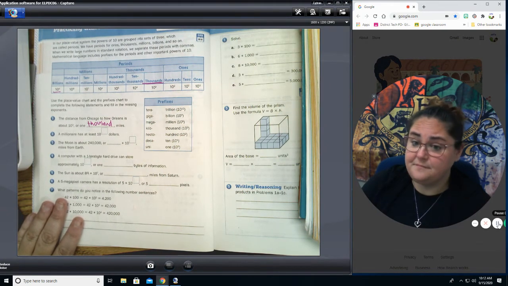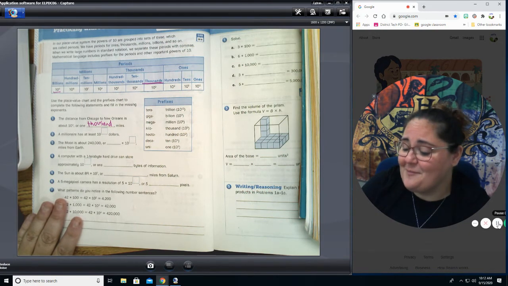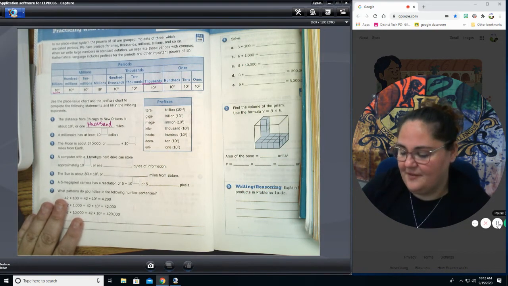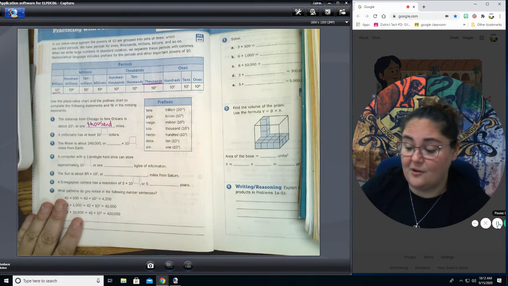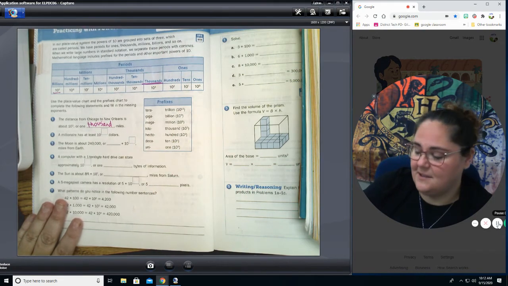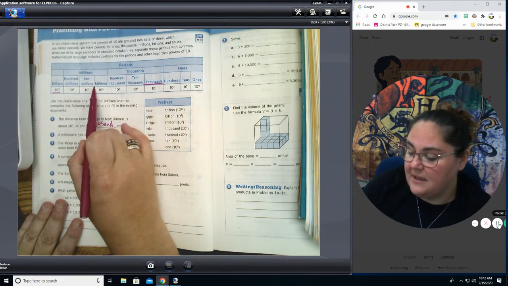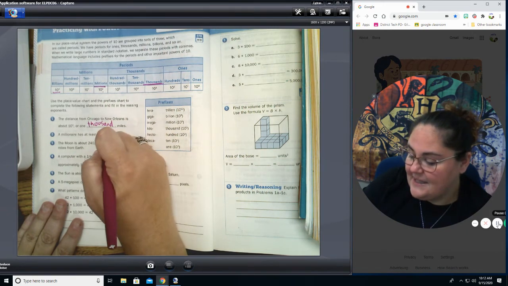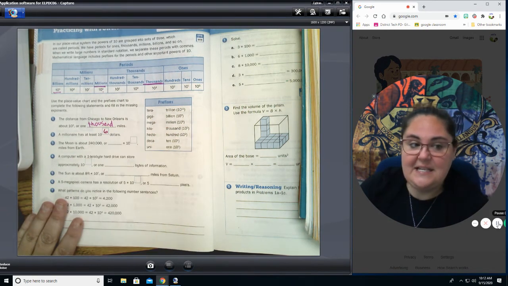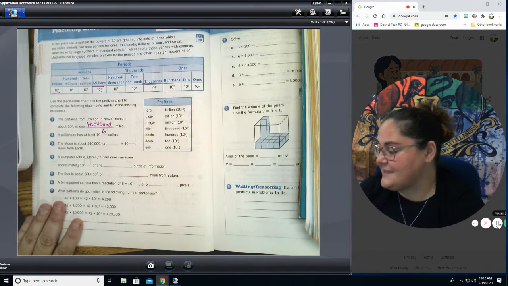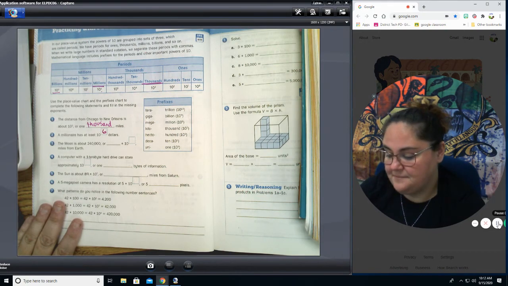A millionaire. I wish. If I were a millionaire, how much money would I have? 10 to the blank dollars, at least. So I'm going to go to millions. 10 to the blank is 6. You should put a 6 there. All right.